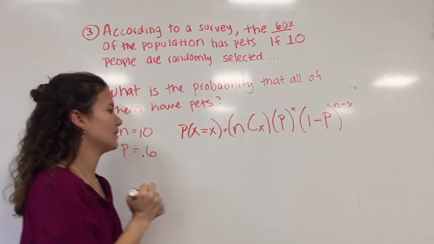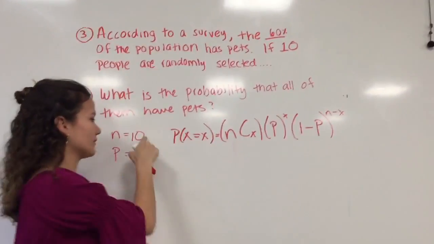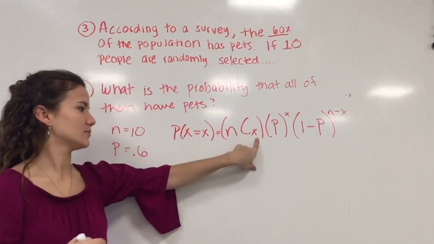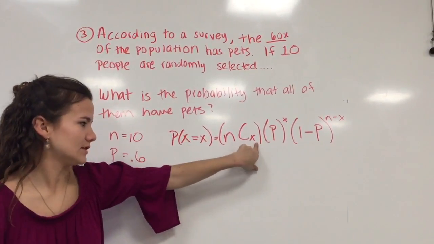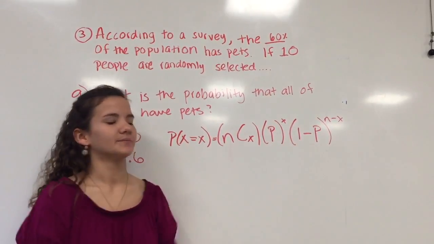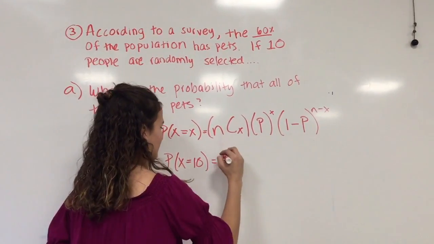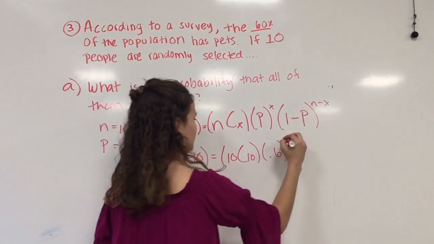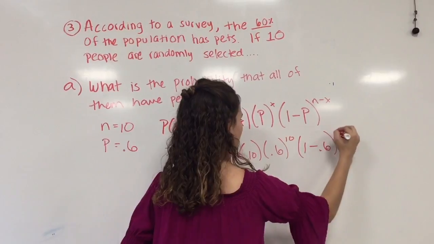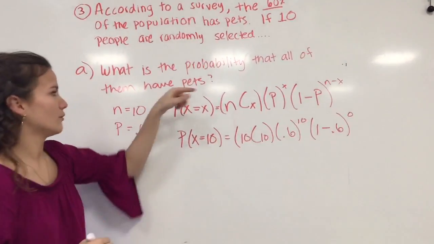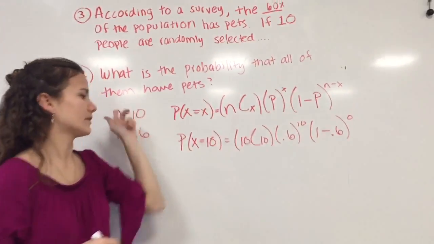So it's P(X = x) equals nCx, with n being the sample size and x being the sample, times the probability 0.6 to the power of x, times 1 minus p. For this, x equals 10, because we want the probability that all of them have pets.